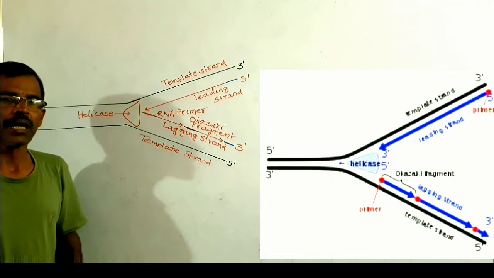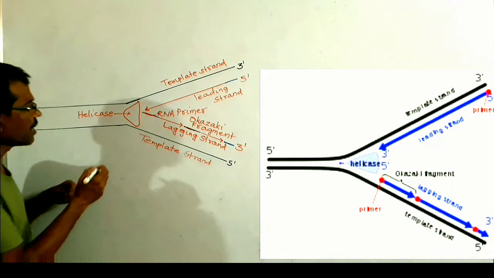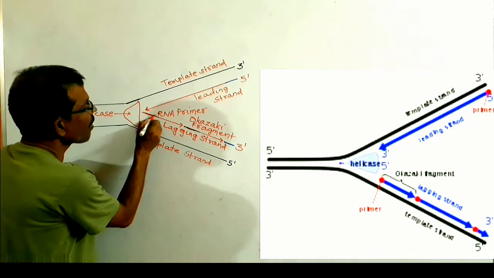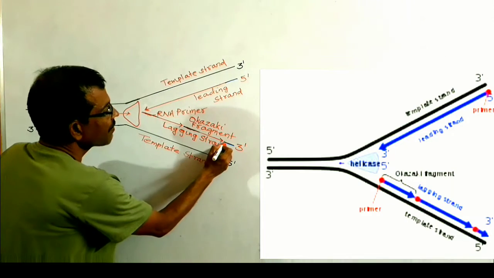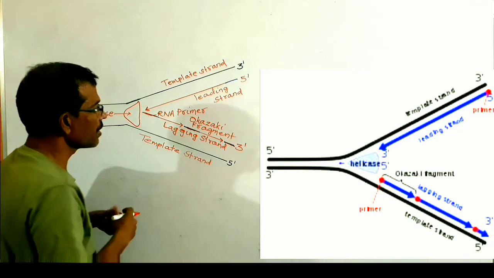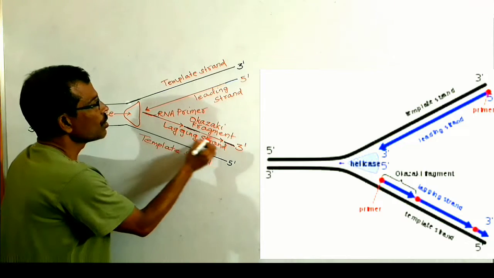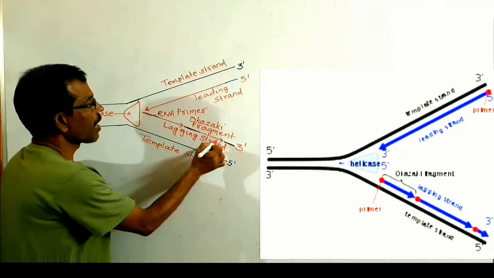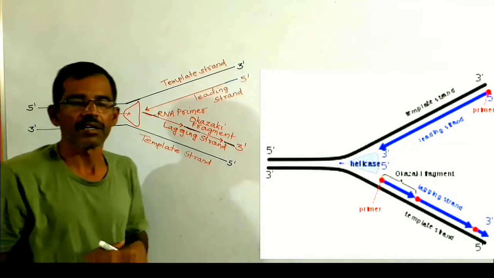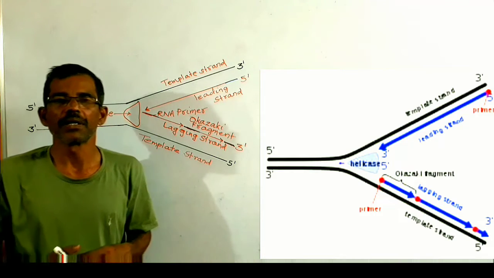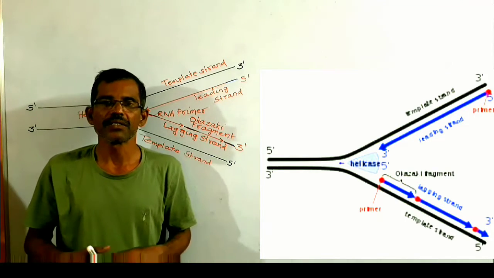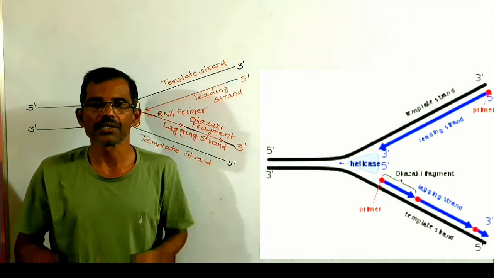The same enzyme also synthesizes DNA in place of the RNA primer. After the synthesis of DNA, the nicks which are left between DNA fragments are sealed by the enzyme DNA ligase. So friends, this is about elongation.